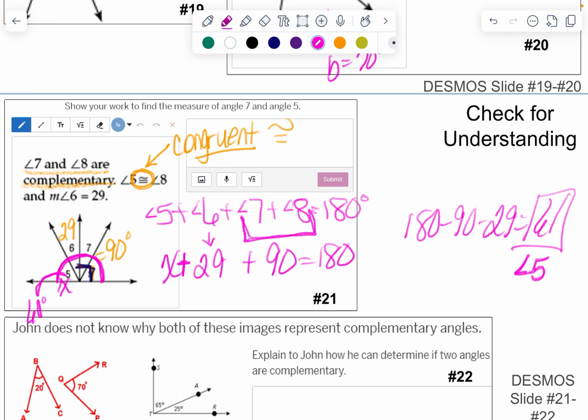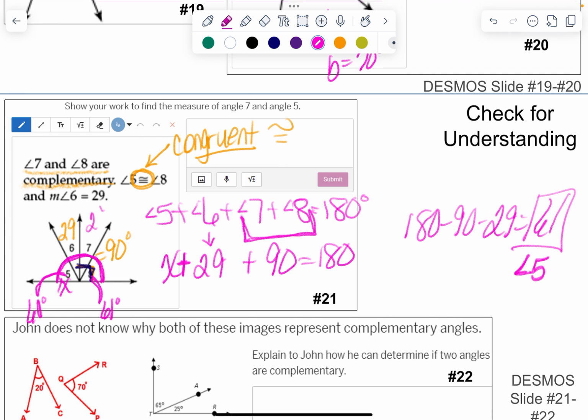And if that one's 61, it told us that angle 8 and angle 5 are the same. So this one is 61 degrees, which means that this angle 7, 90 minus 61, is going to be 29.